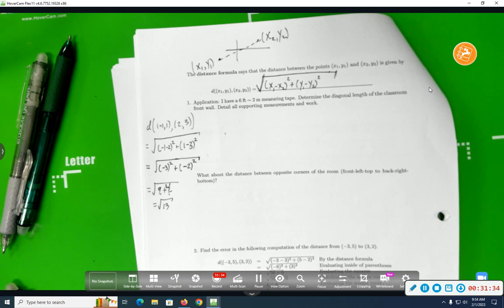How many inches is it? I'm estimating about 12 feet down the middle. What did they get?